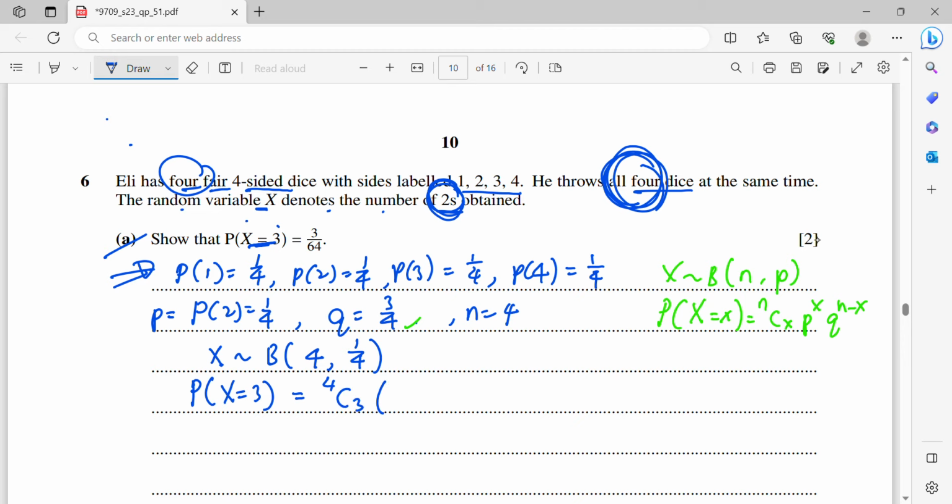He is throwing 4 dice, and then you are getting 3 successes. So the probability of success is 1 over 4, and there are 3 times, because all of them are independent events, right? Then the failure will be 3 over 4, once. So when you simplify this, it will be 3 over 64. Alright, so that's the solution for A.